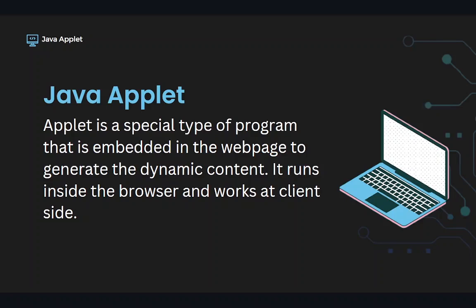You need CMD, and your computer must have JDK installed so you can compile your program. There is an option to run it in the HTML viewer or browser, or in the applet viewer itself. Okay, let's proceed.